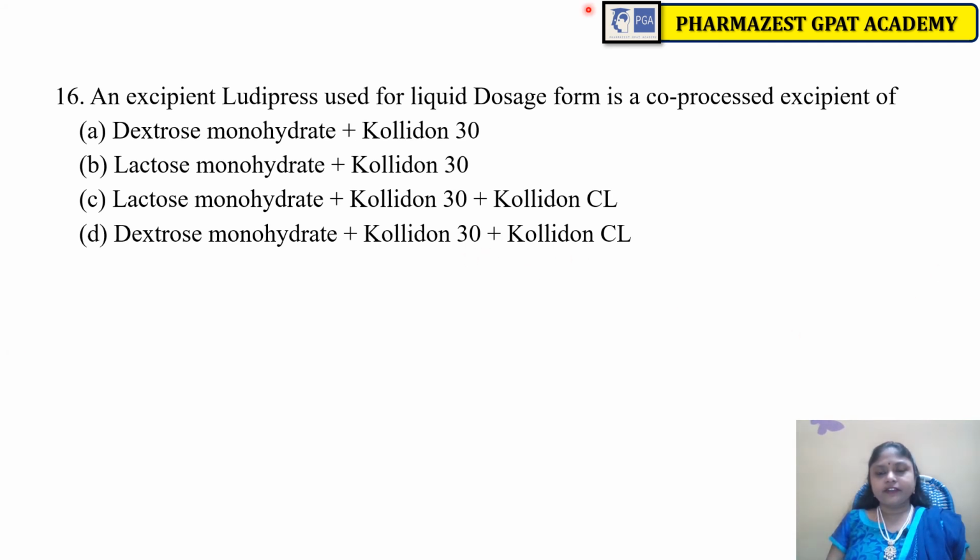So what is the right answer? The right answer is C. So Ludipress is a combination of lactose monohydrate, Kollidon 30 and Kollidon CL.